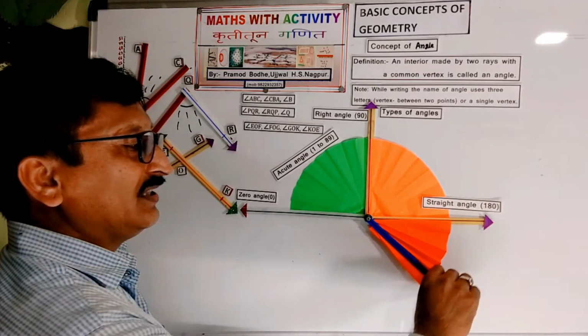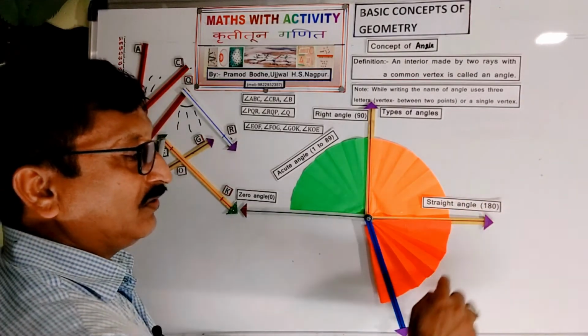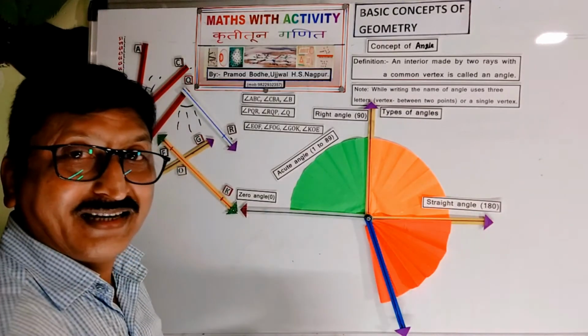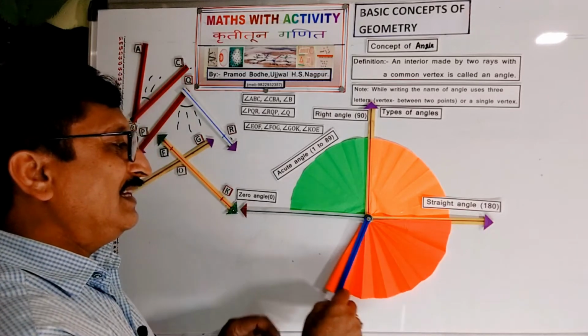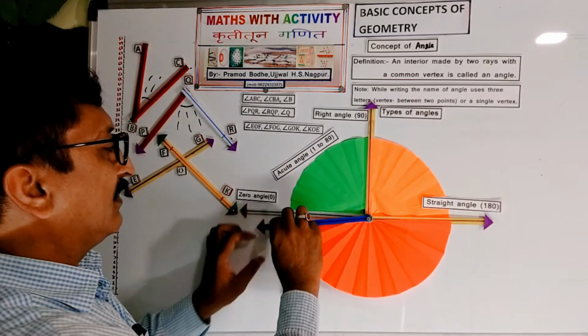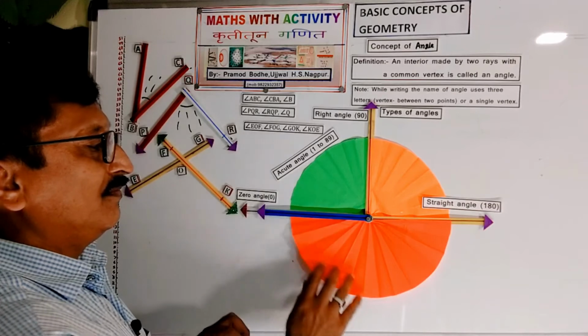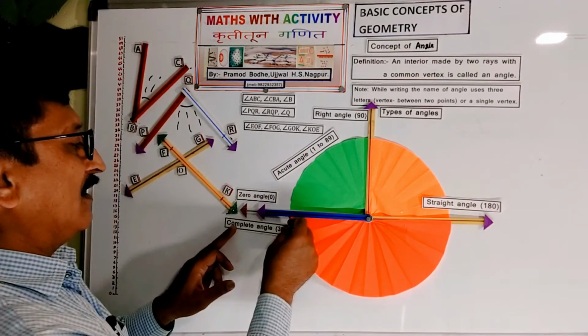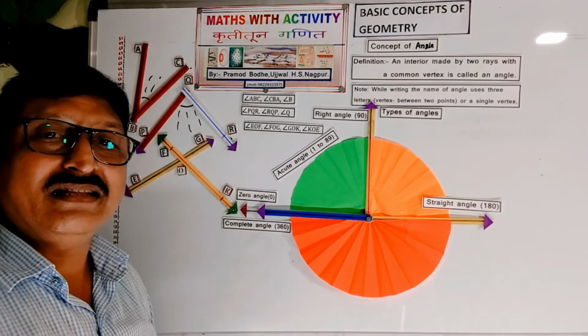Now to the fourth step. See again, while going to the fourth step from this 180 degree or straight angle, different types of angles form again, and then the angle completes its part, and therefore it is said to be the complete angle, and the measure of this complete angle is 360.